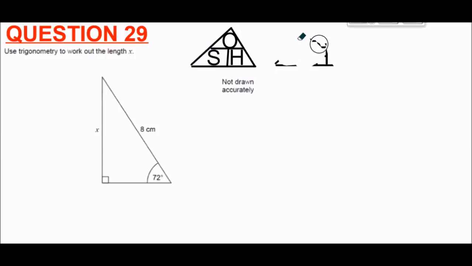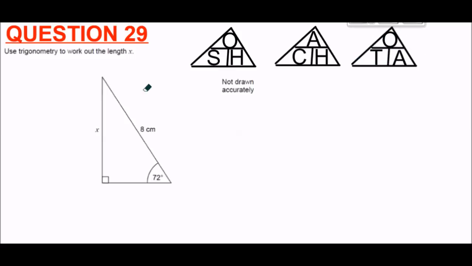SOHCAHTOA. These are the magic triangles which will definitely help you to work out a problem which is based on trigonometry. It's worth reminding you what the S, the O and the A mean. S means sin or sine of whatever angle we're talking about.